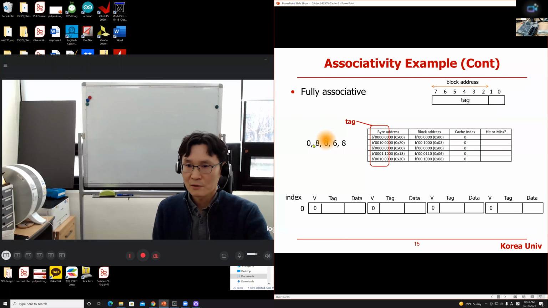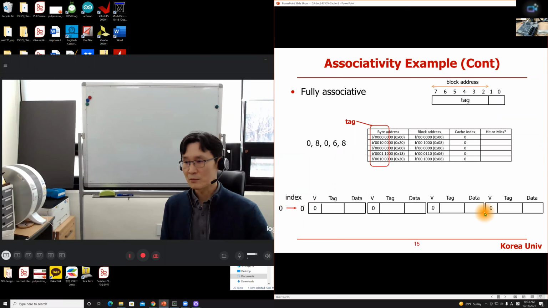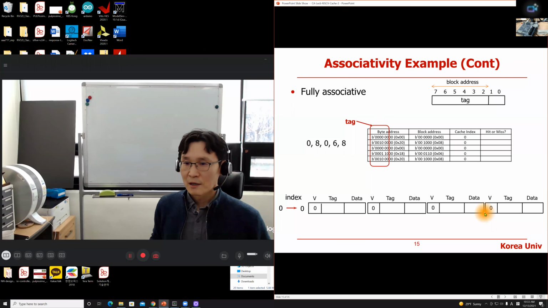Okay, starting from the first one. So LW, memory read from block address 0. Then no choice, right? The set is selected all the time. So hit or miss? Miss, right? So at the beginning, all 4 cache entries are invalid, right?